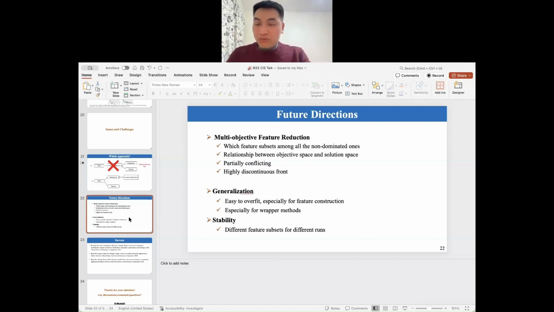To my point of view, multimodal feature selection is interesting in two ways. Firstly, after running feature selection, we may get multiple solutions with the same performance. By looking at the feature subsets, I can see which features are equivalent.